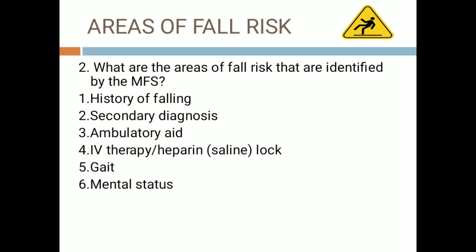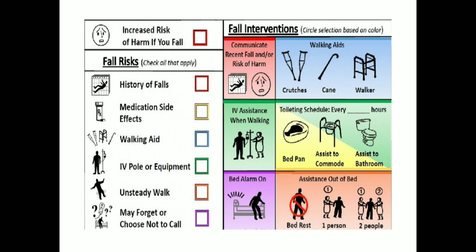What are the areas of fall risk? The areas of fall risk identified are history of falling, secondary diagnosis, ambulatory aid, IV therapy or heparin lock, gait and mental status. On the screen you can see a sheet which consists of a checklist for fall risk and the interventions which can be adopted to prevent falls.